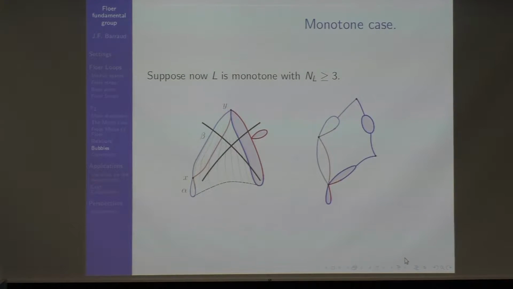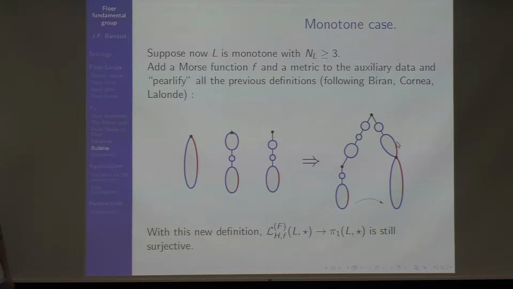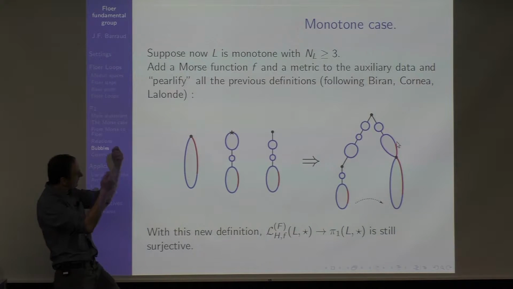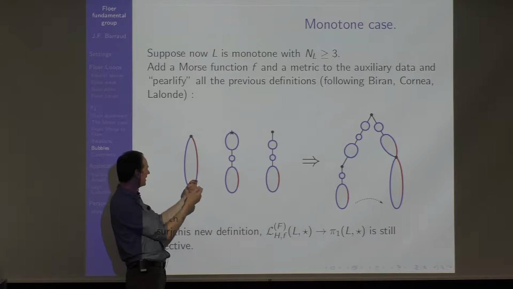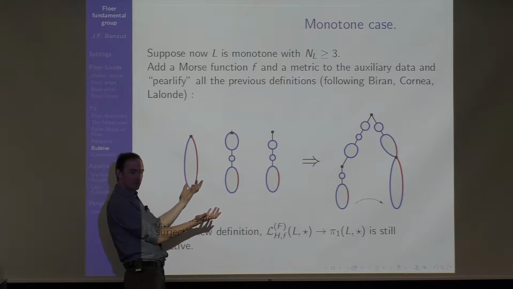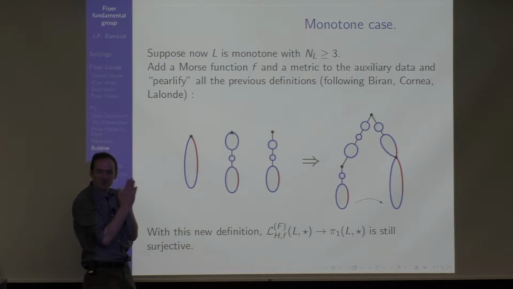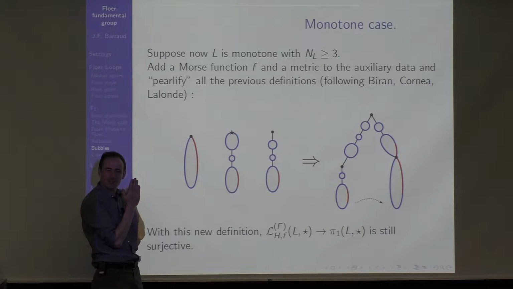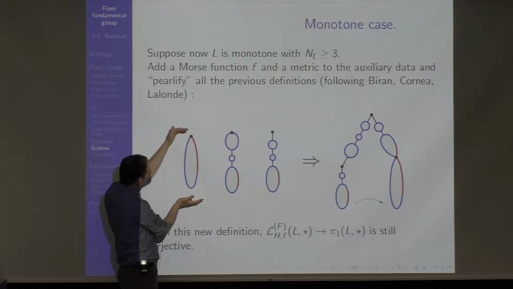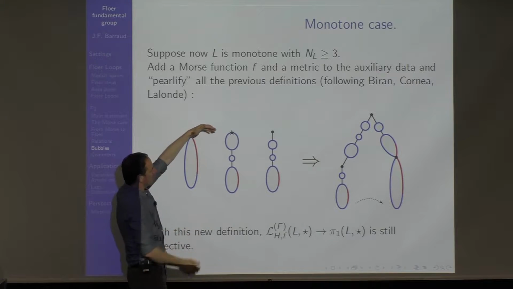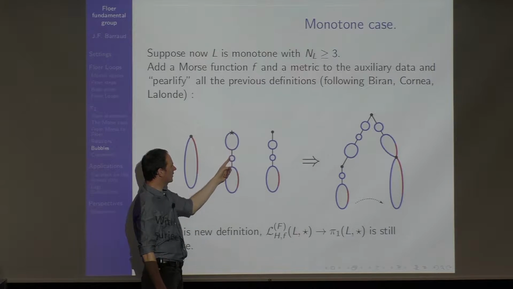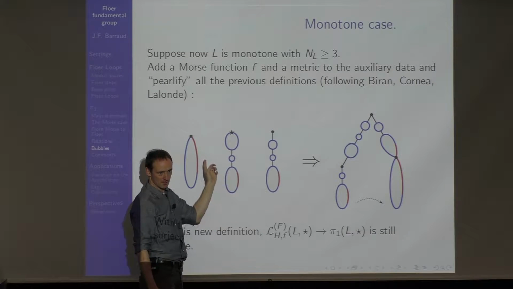So that's what happens when I have bubbles. And the conclusion is that I have to somehow pearlify, sorry for that, the construction. The definition of a step is the same. It's a component of a one-dimensional moduli space. But the moduli spaces I'm considering are these ones, the same ones here, but where interruption by more strips and more trajectories is allowed.